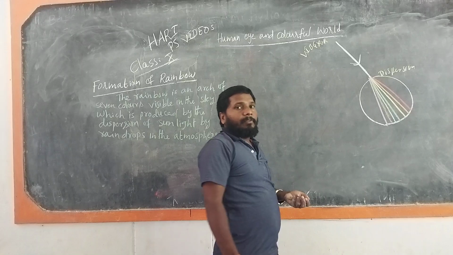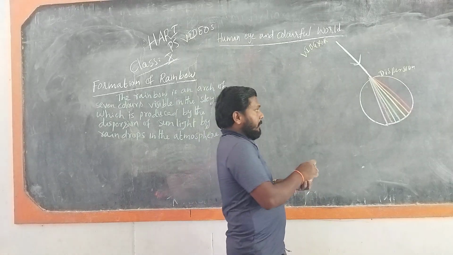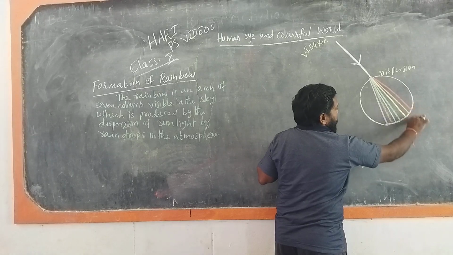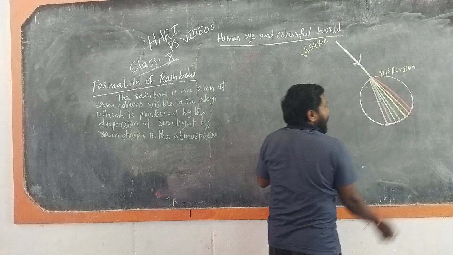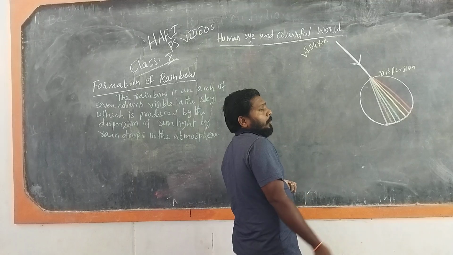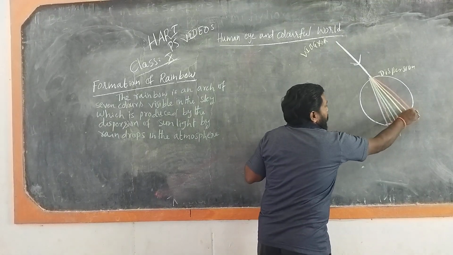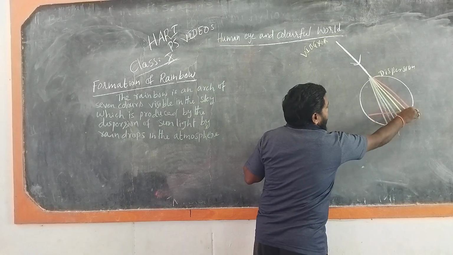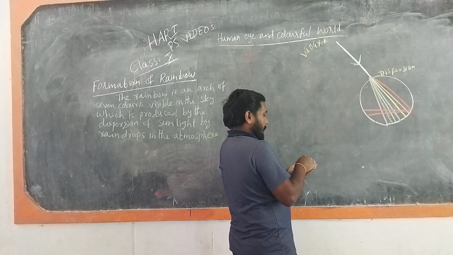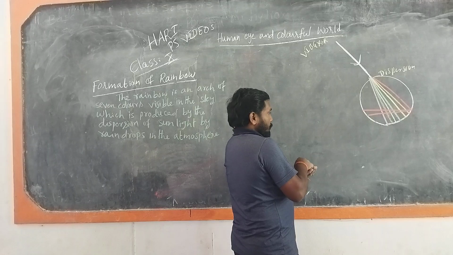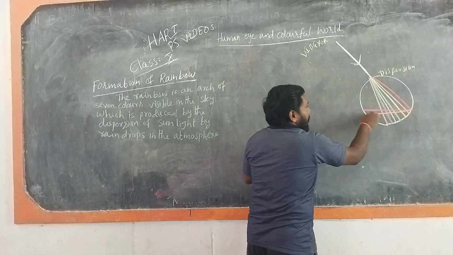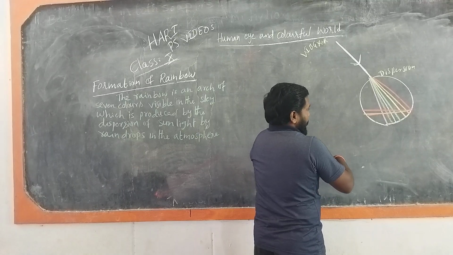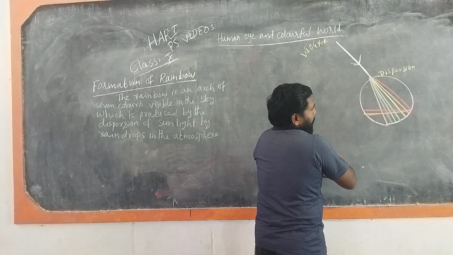Here the dispersion of light takes place, and here actually the light should deviate like this. Instead of coming to the outside, it comes back due to the total internal reflection of light. So what is total internal reflection?